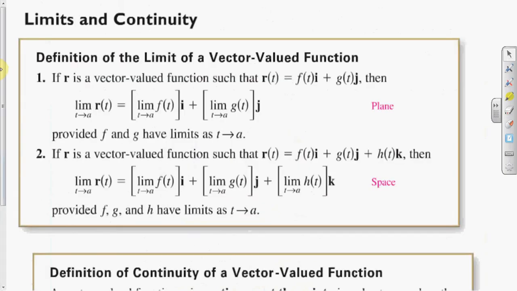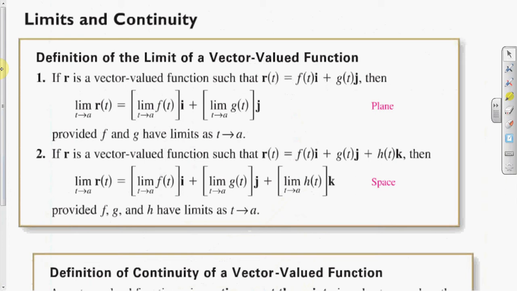First, we note here limits and continuity. The definition for the limit and the definition for continuity here in Calculus 3 is the same as the definitions for limits and continuity in Calculus 1, but just with respect to the various functions with respect to the vectors.